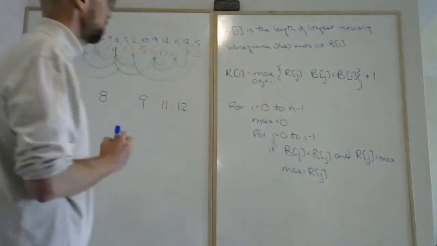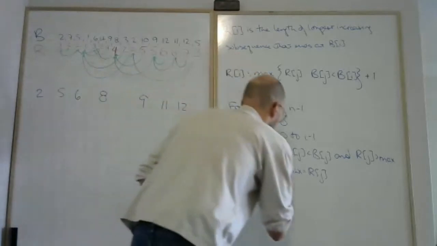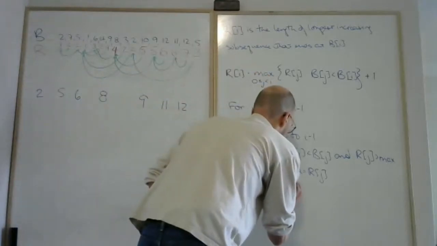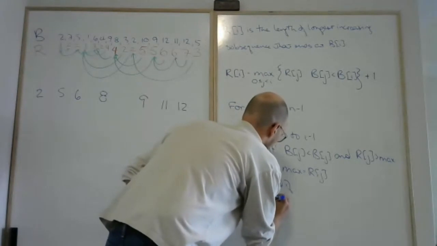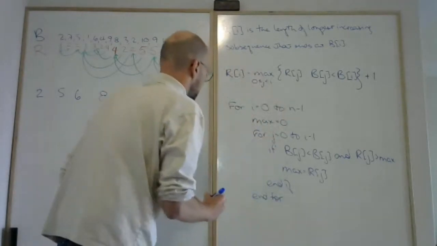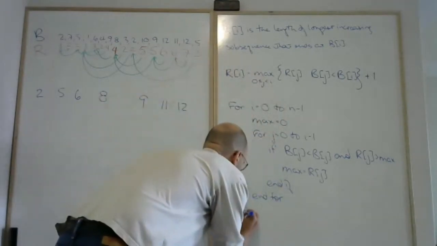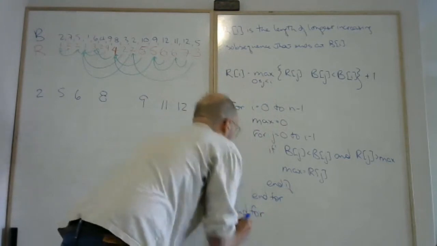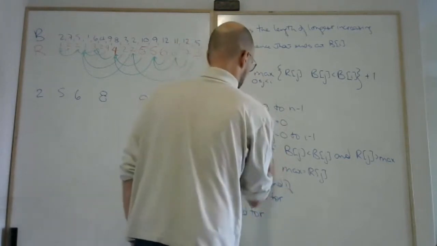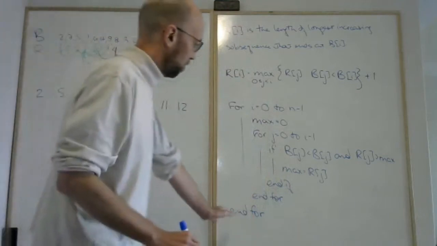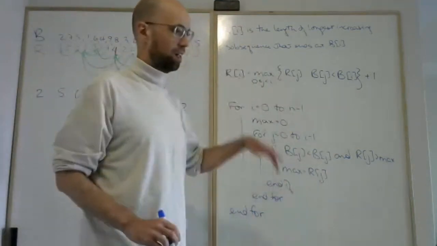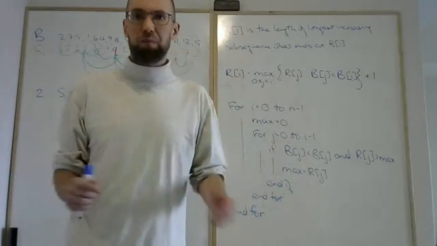Is this right? And end if and end for. And then you write something else which scans R and returns the biggest number.